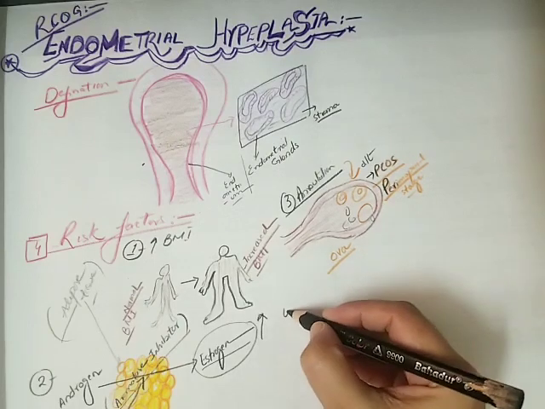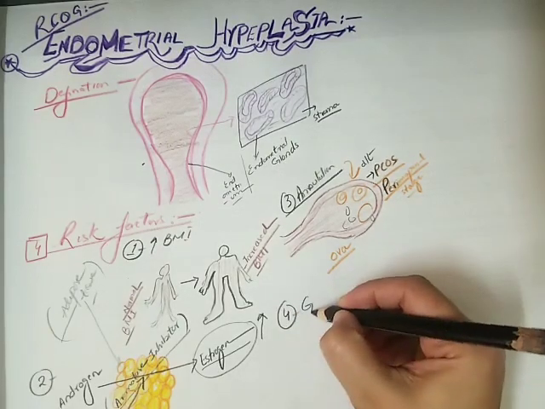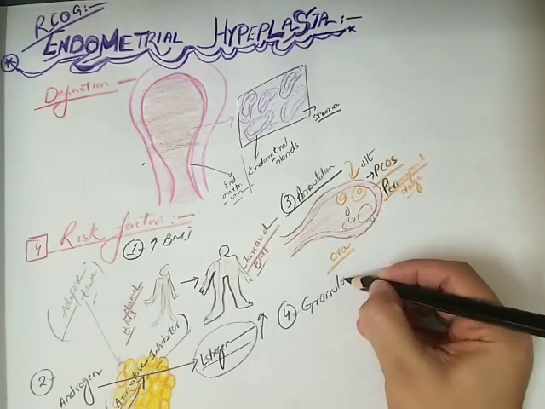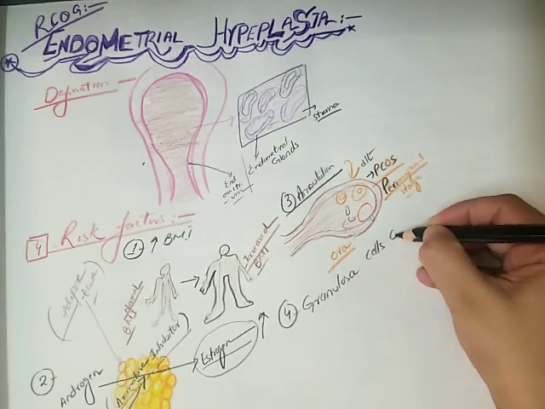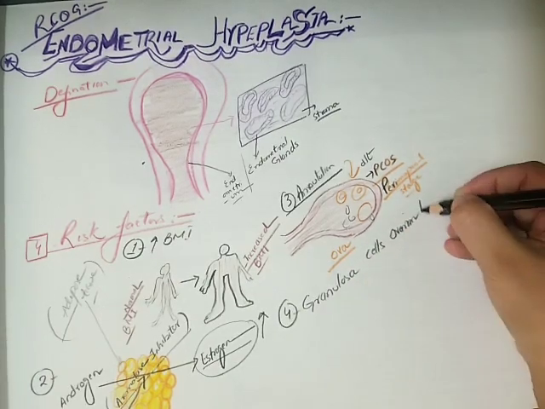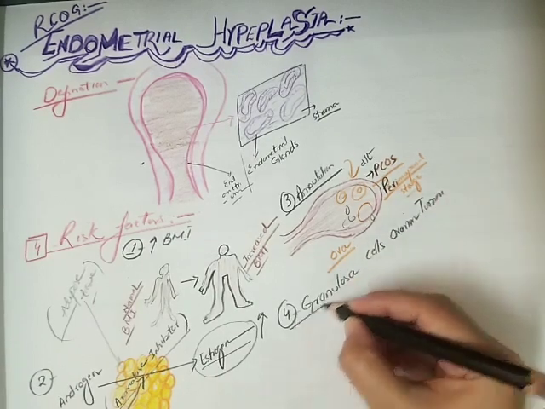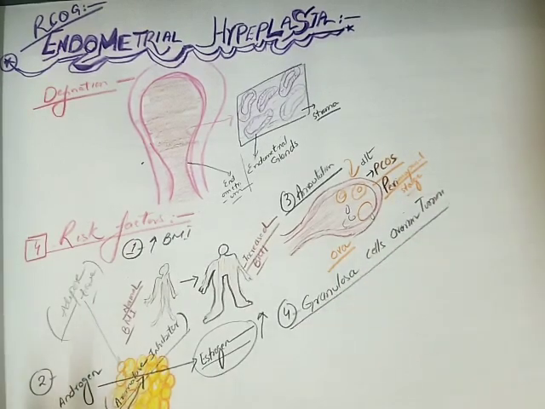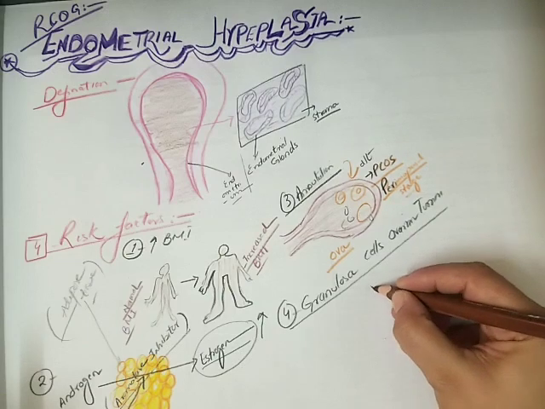Now there is another condition, which is the ovarian tumor. And which type of ovarian tumor? The granulosa cell ovarian tumor. Granulosa cell ovarian tumors are basically responsible for endometrial hyperplasia.